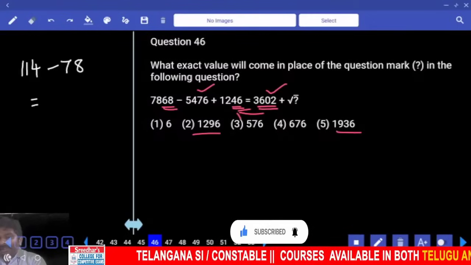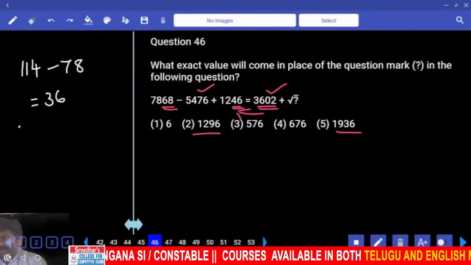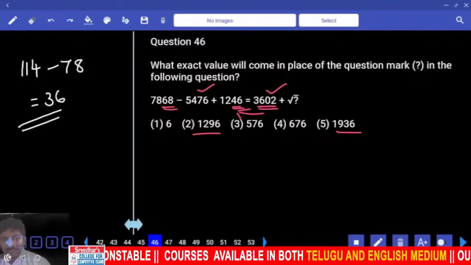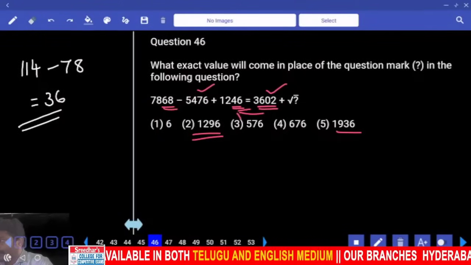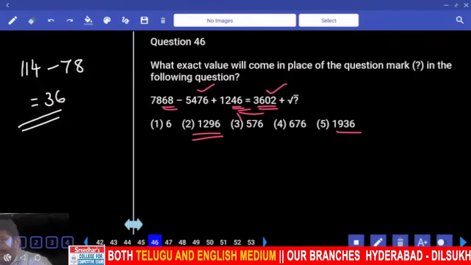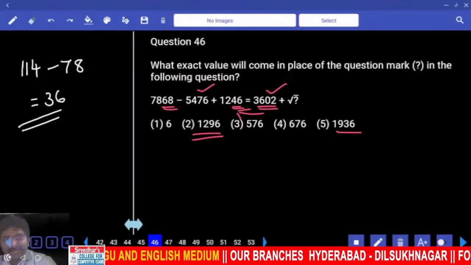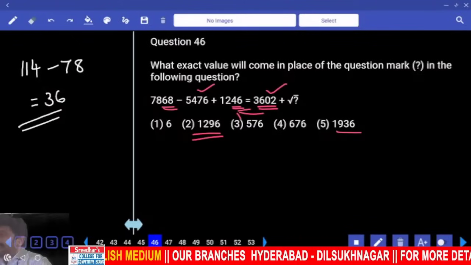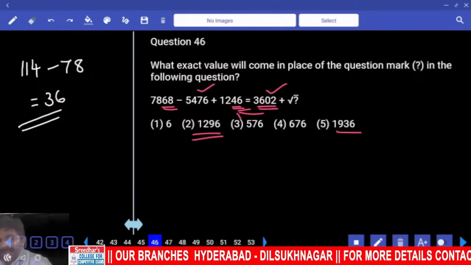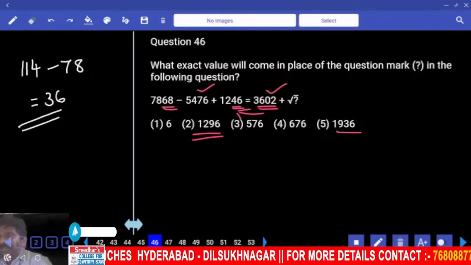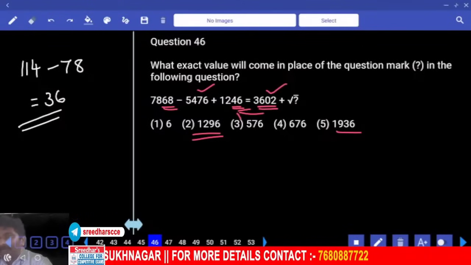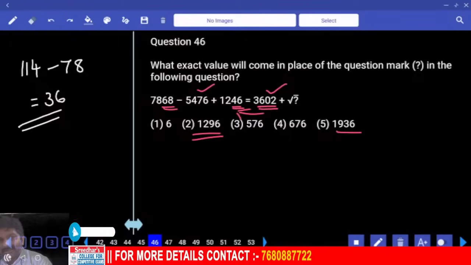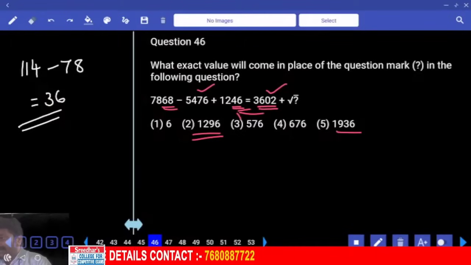If you subtract it, answer is 36. 36 square. Second option answer. Got it? Even if you consider hundreds place and then thousands place, you are literally wasting your time. Because options are squares of hardly a 2-digit number. So last 2 digits are enough for us. You don't have to consider what is there in hundreds place and then thousands place. Are you following?